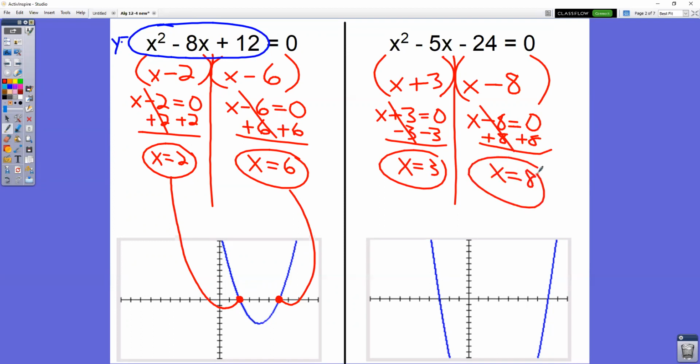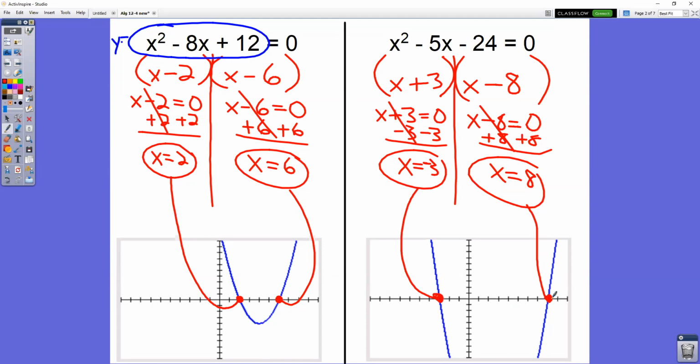Again, if we went and graphed this, this would be our parabola that we're graphing. This negative 3 is right here. That's where it crosses the x-axis. And it's also at 8. That's where it crosses the x-axis. Those are your zeros. Those are your roots. Those are your x-intercepts.